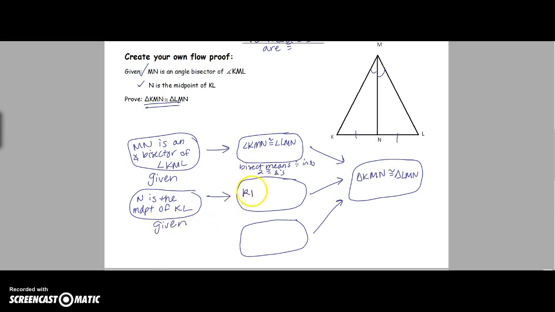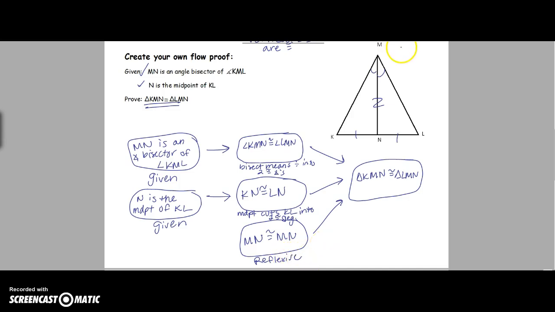We can say KN is congruent to LN because midpoint cuts KL into two congruent segments or parts. So now we're out of givens. We need to find one more congruency statement, and it just happens to be right here in your reflexive property. So we can say MN is congruent to MN because of the reflexive property.